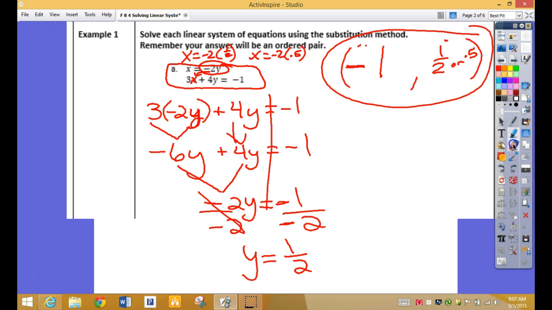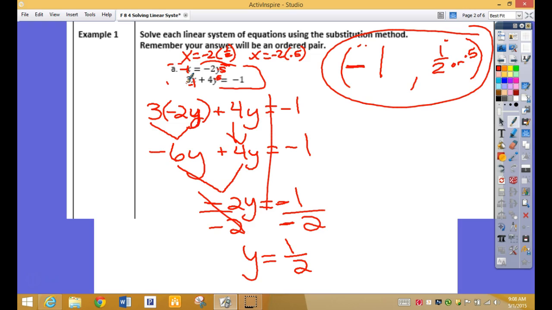Even if you want to put them in your calculator and check them, you can do that. Just remember those blue calculators do not do order of operations. So if I put negative 1 here and 0.5 here, does negative 1 equal negative 2 times 0.5? Yes. If I put a negative 1 here and a 0.5 here, what's 3 times negative 1?